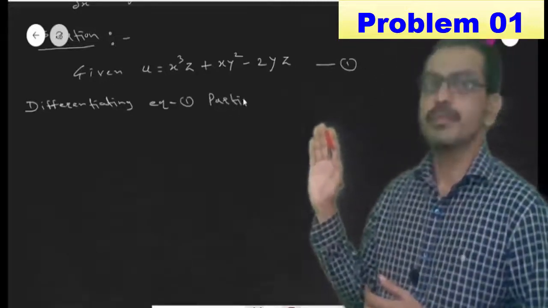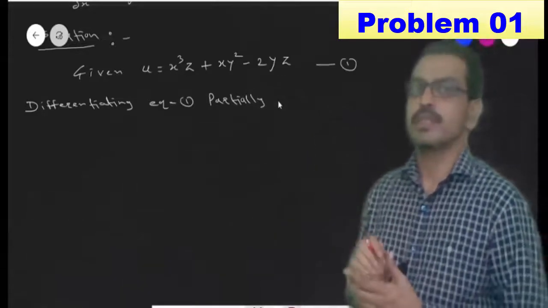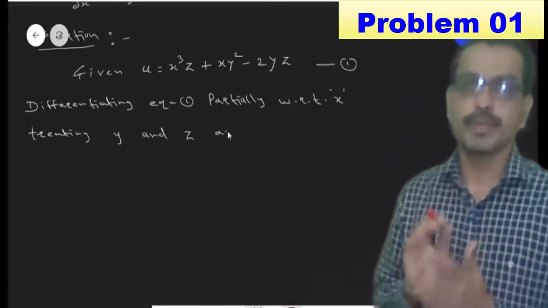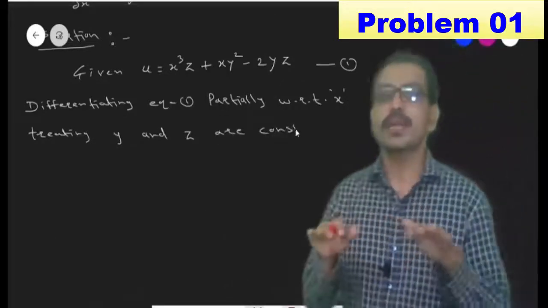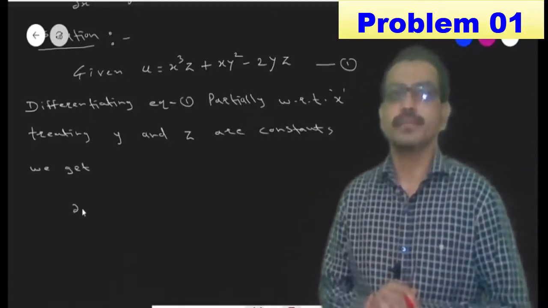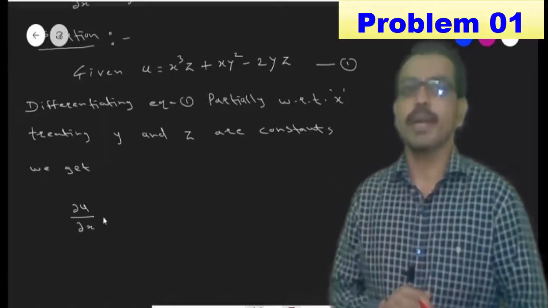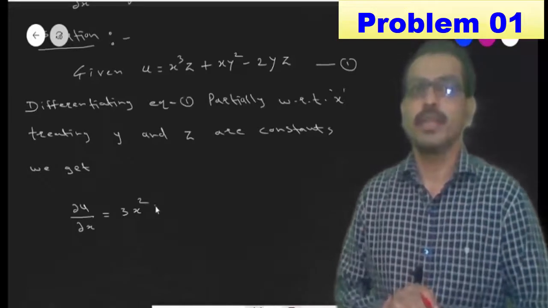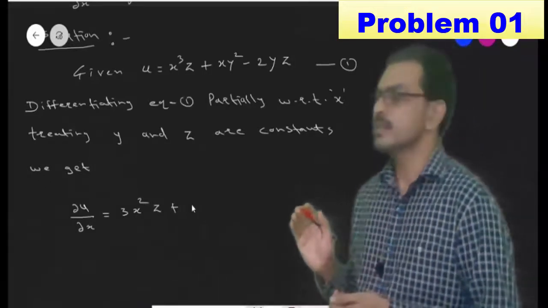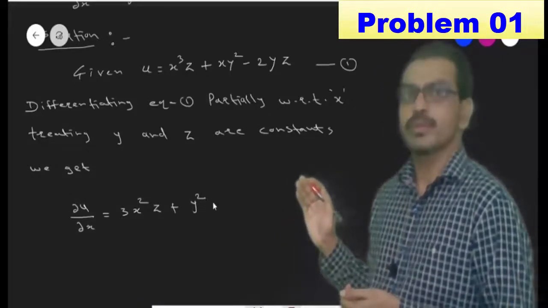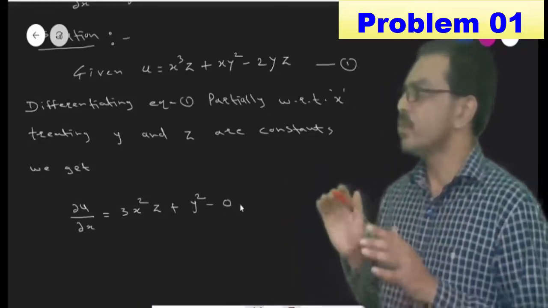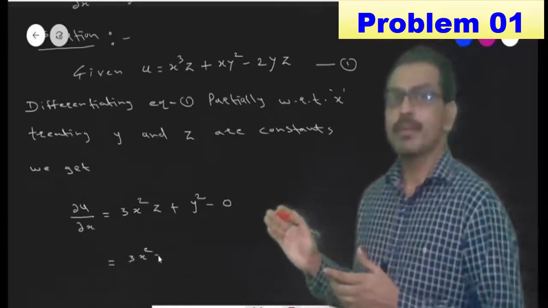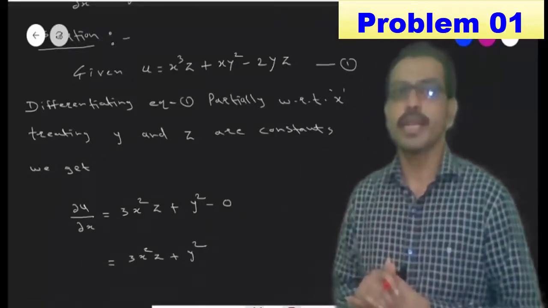Differentiating equation 1 partially with respect to x, treating y and z as constant, we get ∂u/∂x is equal to 3x square z plus the derivative of x is 1, that is 1 into y square, and here y and z are constants, therefore the derivative is 0. Therefore ∂u/∂x is equal to 3x square z plus y square.